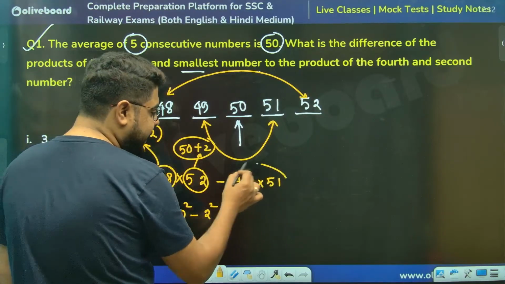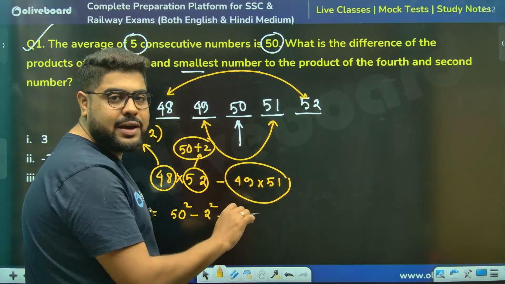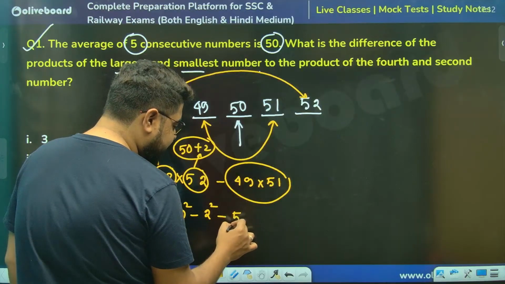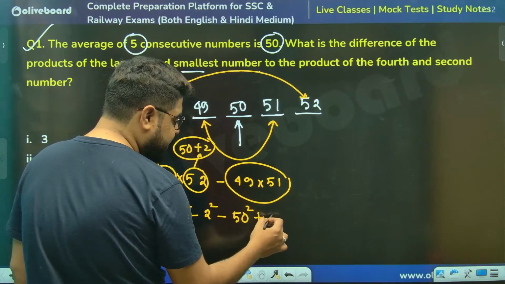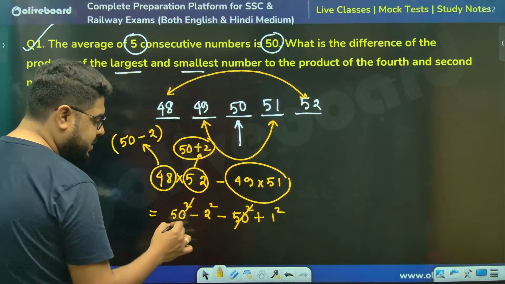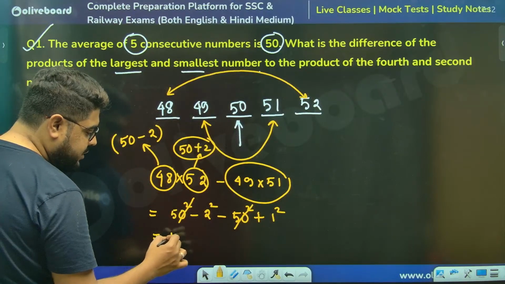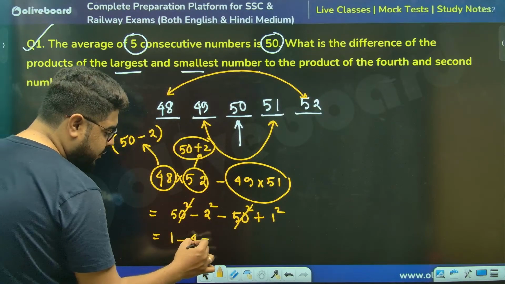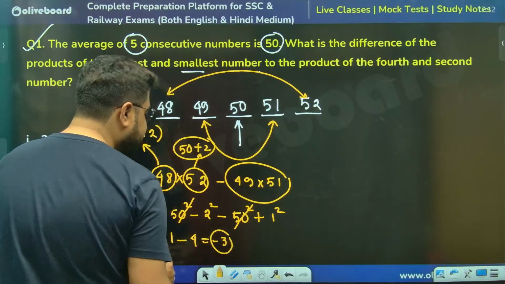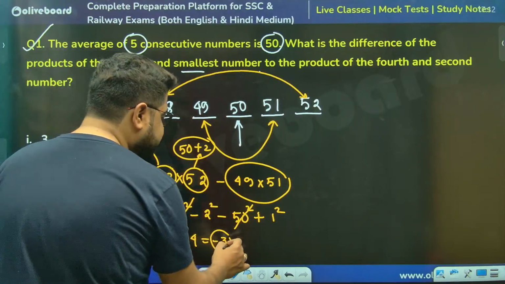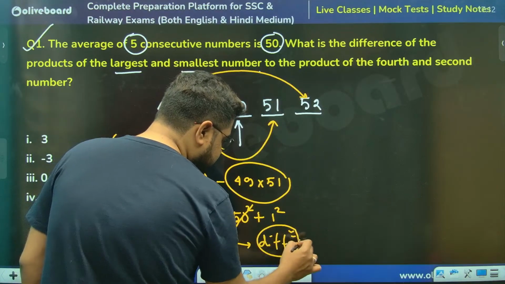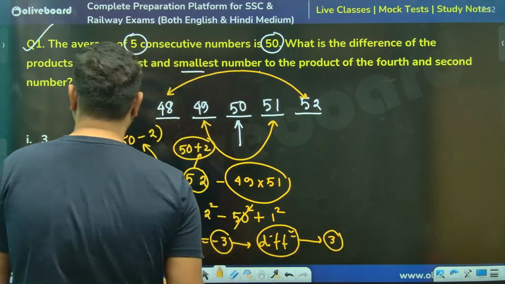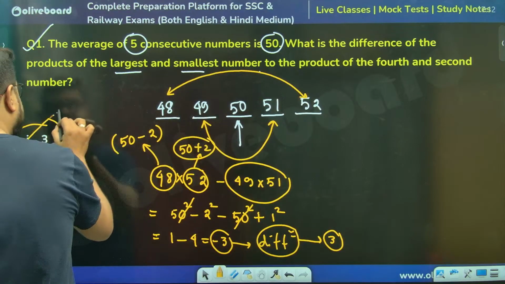Minus, again, this is 50 minus 1, 50 plus 1, so a square minus b square, where b square will be 1 square. 50 square is gone. 1 square is 1 minus 2 square is 4. So the answer will be minus 3. The difference they are asking will be plus 3. So the answer is option number 1, 3.